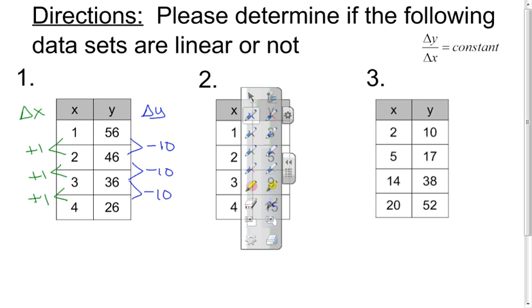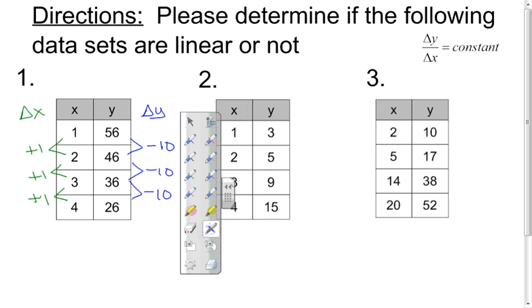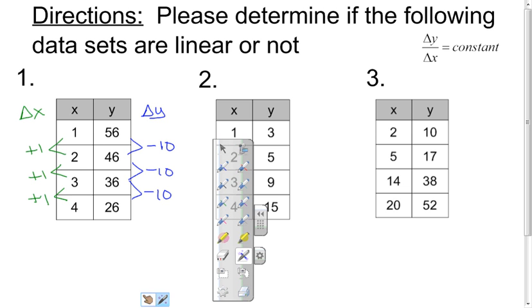Now, this looks very patterned, but you have to be formal about this, okay? Because we need to look up here, like it says, at delta y divided by delta x. So I'm going to make those ratios right now. The first one is delta y over delta x equals negative 10 over 1, which is equal to negative 10.